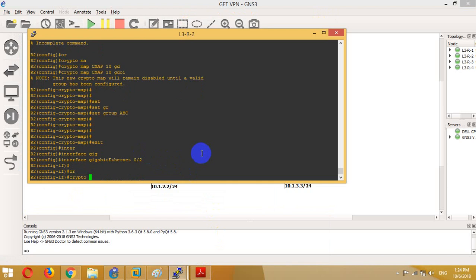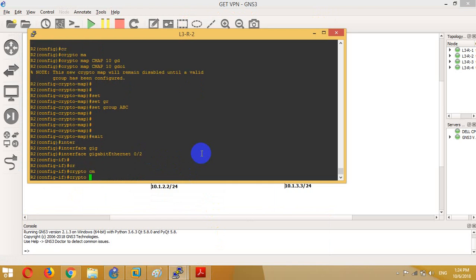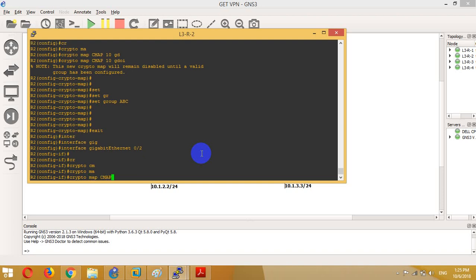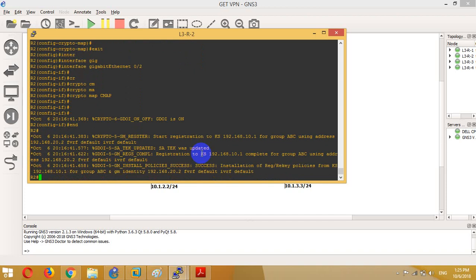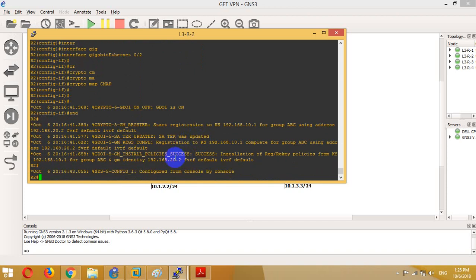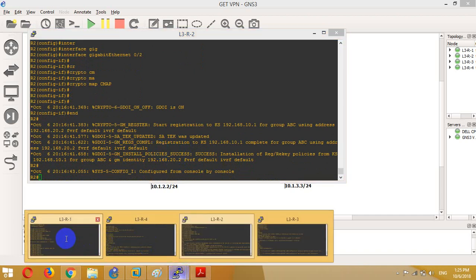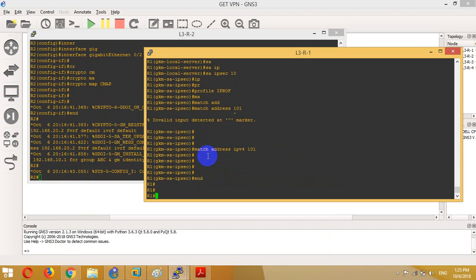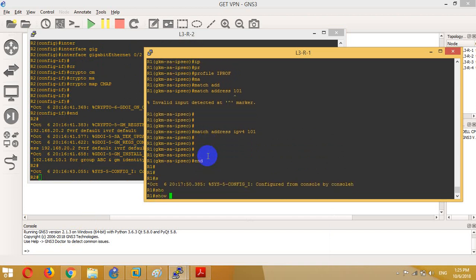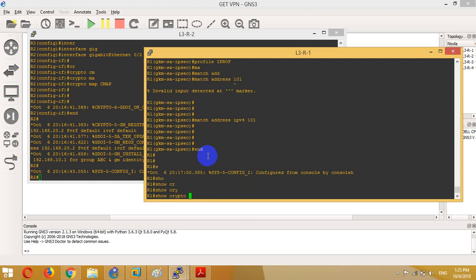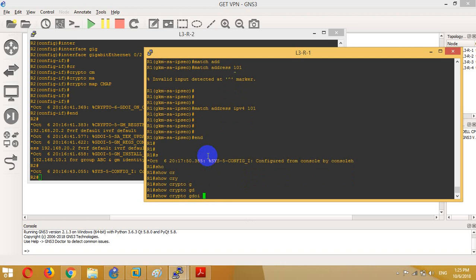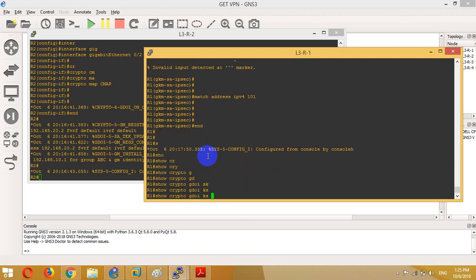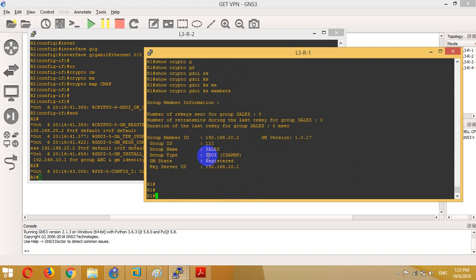Crypto map CMAP. Now guys, it's on. Now this group member is going to register itself. If you go to router number 1 and say show crypto gdoi ks members, what will you find here?